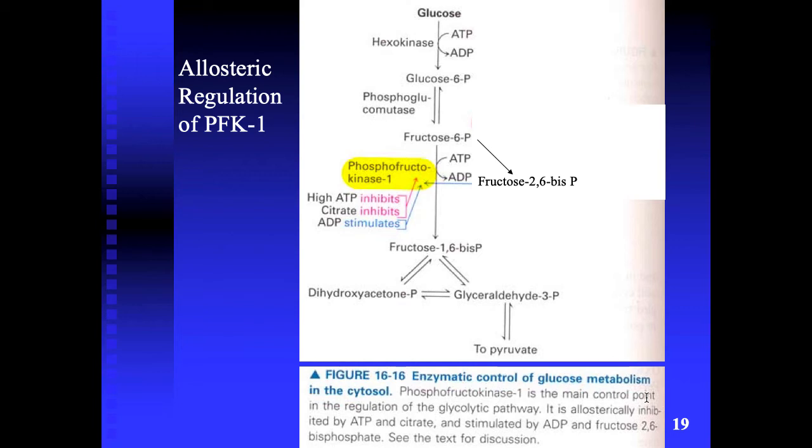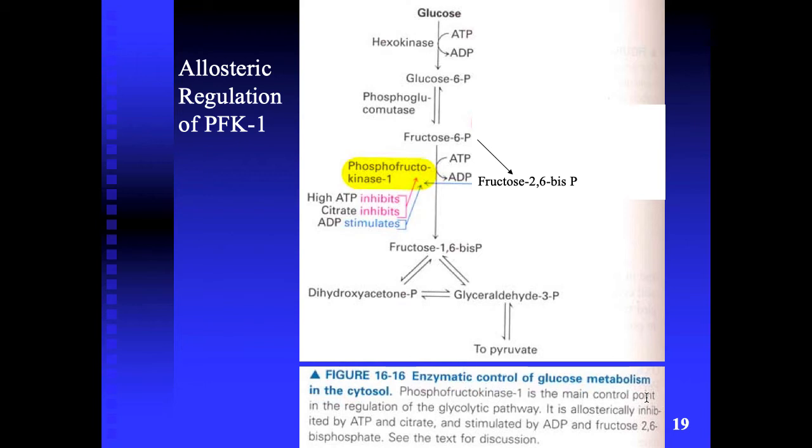So please say, and practice spelling, phosphofructokinase 1, because there is a phosphofructokinase 2. PFK1 is the one that does this reaction. And this has 4 regulatory molecules. So these are allosteric modulators. Number 1, ATP. That inhibits PFK1 activity through an allosteric mechanism.